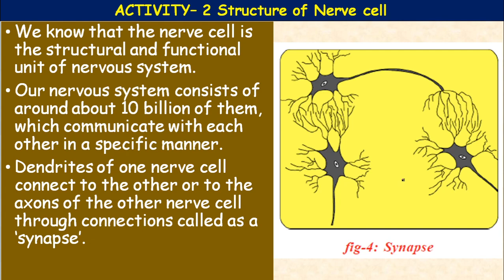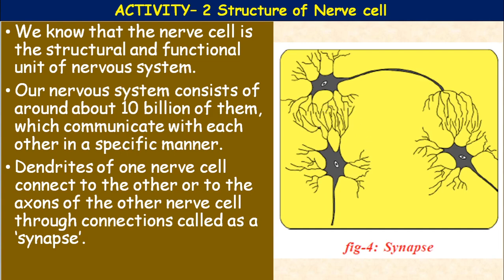The dendrites of one nerve cell connect with the other or to the axon. See here. So here these are the dendrites. This is the cell body. The projections from the cell body which are branched, they are called dendrites. So there are 3 neurons here.